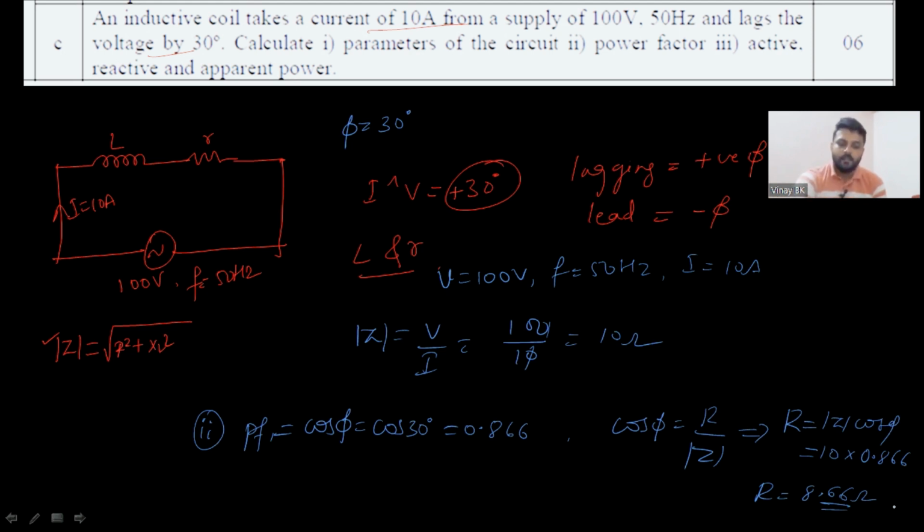If you are having confusion, just look here. They have given the voltage 100, the current 10 amperes, phi as plus 30 degrees, and the frequency 50 hertz. They asked you to find the parameters. An inductive coil is nothing but an RL circuit. So the parameters are Z, L, R and XL that you need to find.